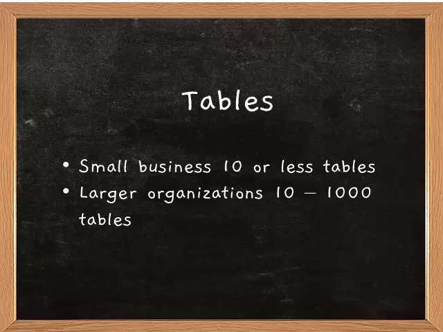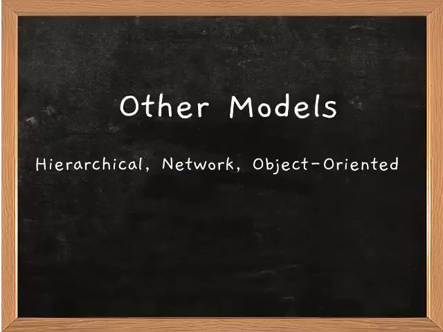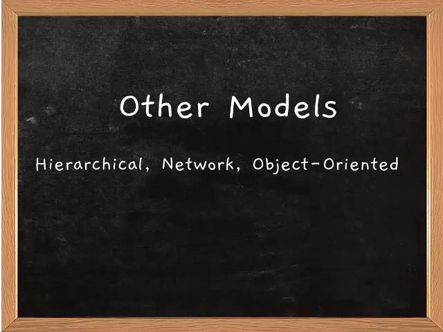A typical large database, such as the one used by Amazon, would have hundreds or thousands of tables, all used together to quickly find the exact information needed at a given time. Other solutions have been presented, including hierarchical, network, and object-oriented databases, but by far Codd's relational database model is the most popular.